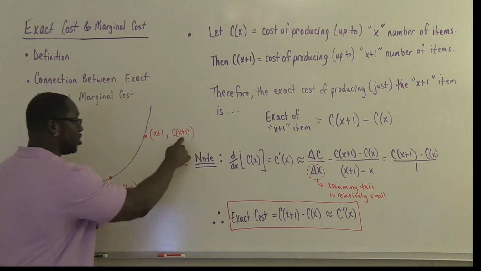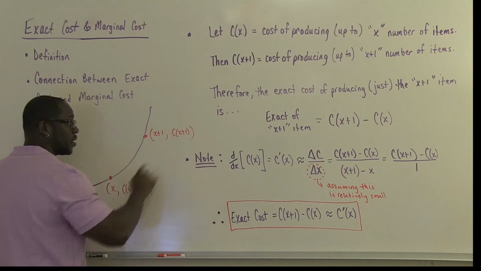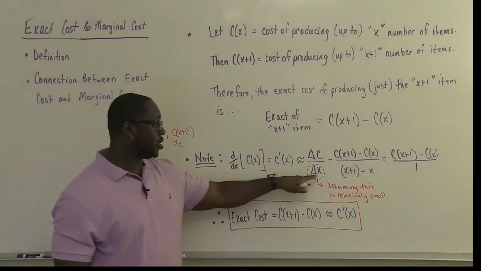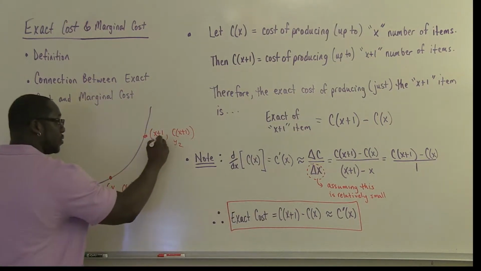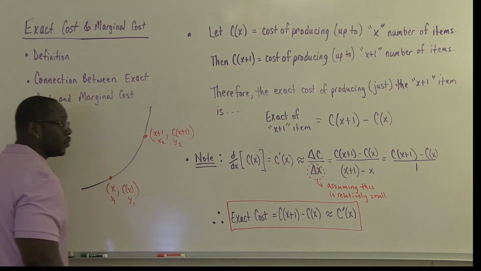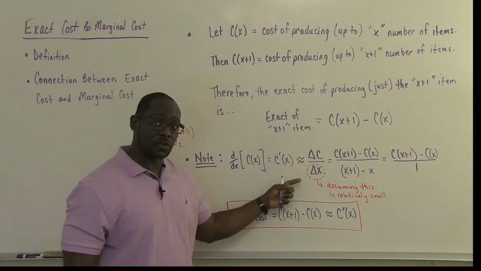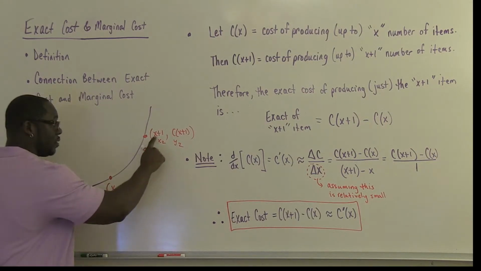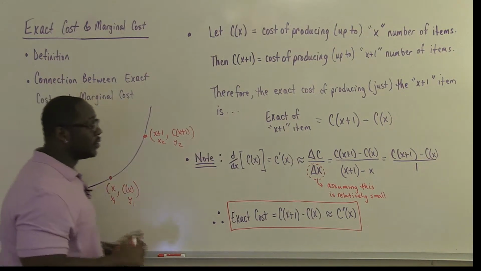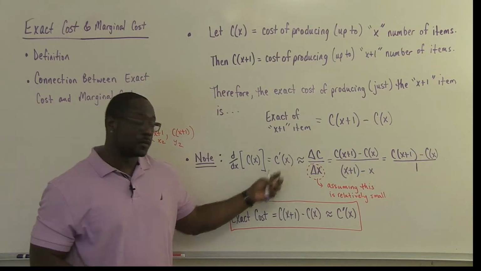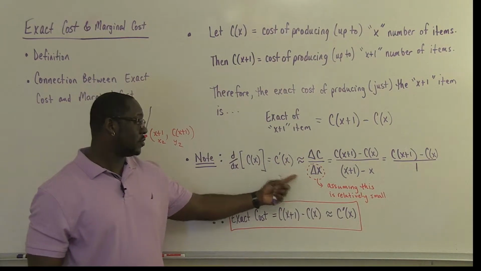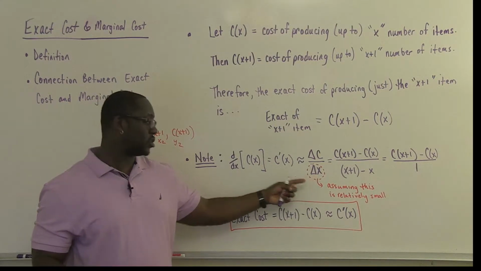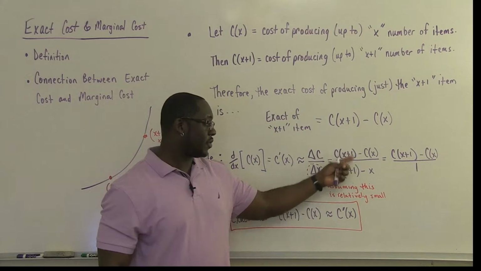So the change in cost, or Y2 minus Y1, over the change in the number of items, X2 minus X1. And so that gives us this difference quotient here. And of course, if our difference between here and here is relatively small, then this is a good approximation for the derivative. Okay, so assuming that this delta X here will be fairly small to make it a good approximation of the derivative, we can write it out this way.